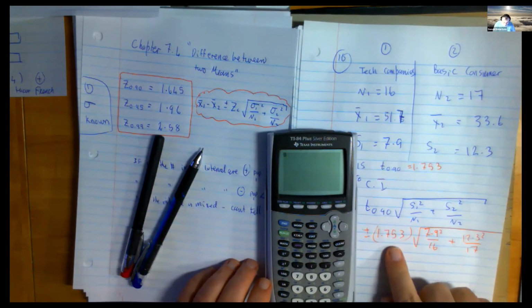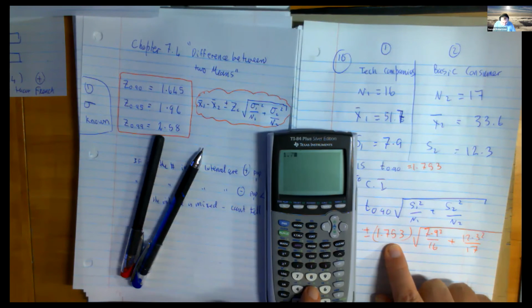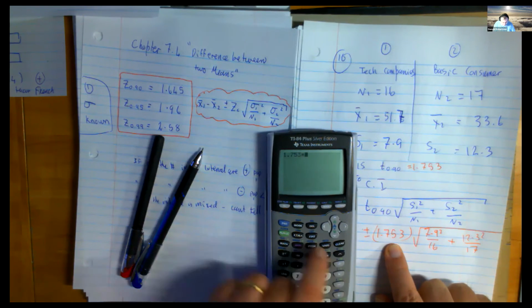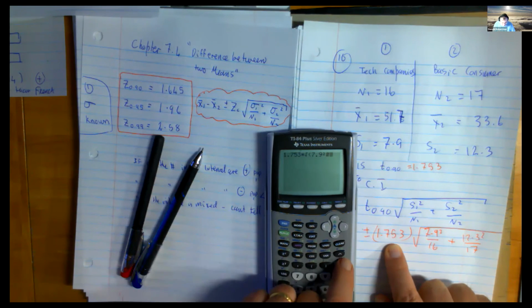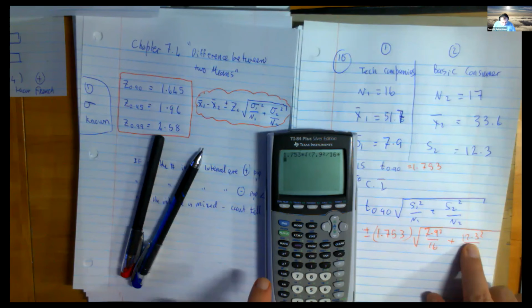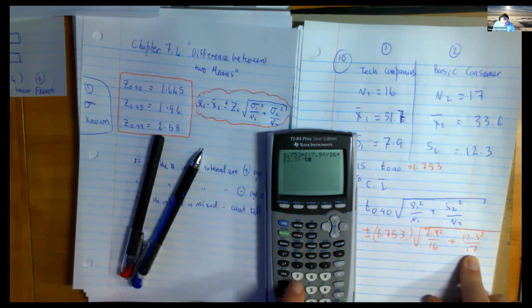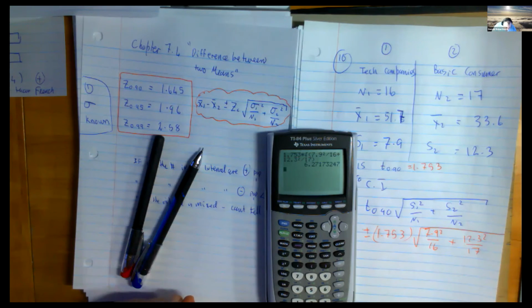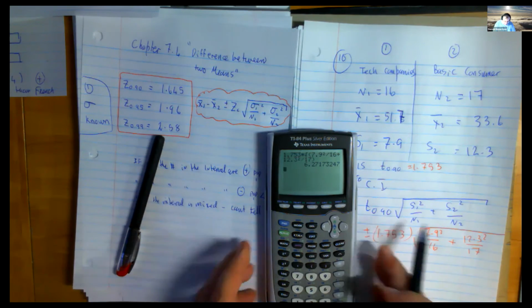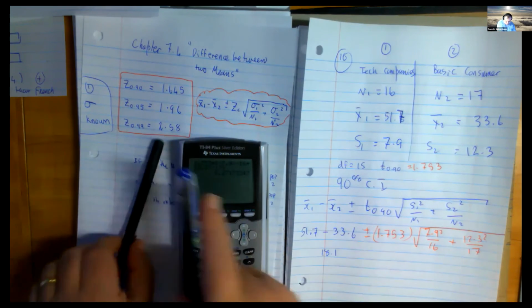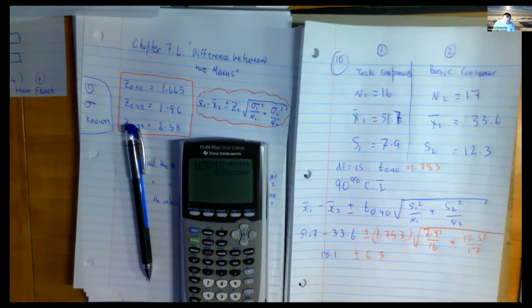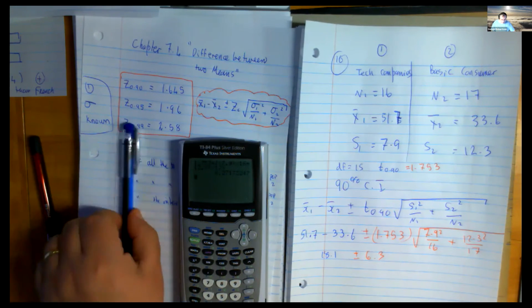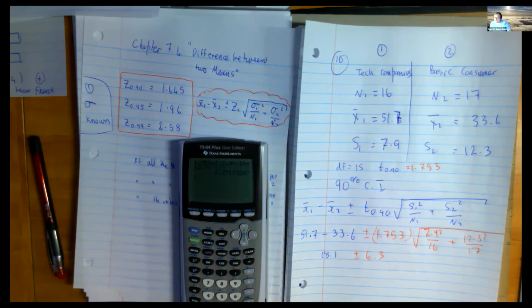And then 1.753, then that square root guy, then this guy, we get 6.3. You happy with the margin of error, where it came from?